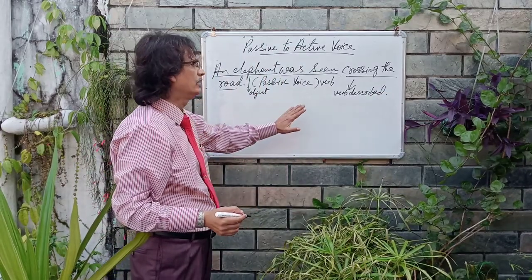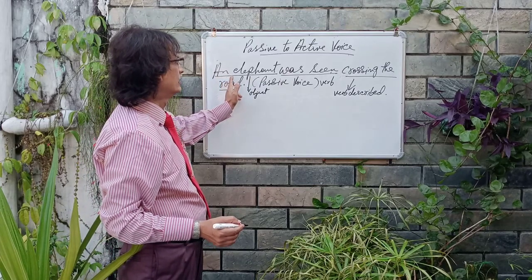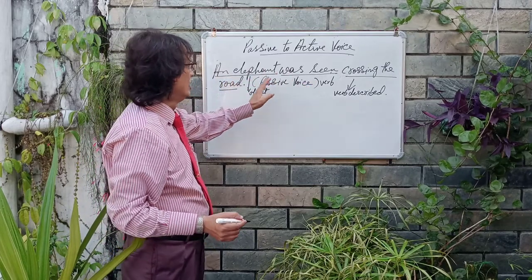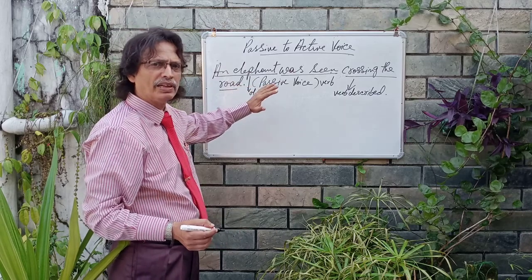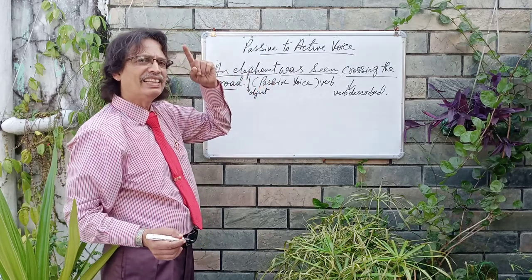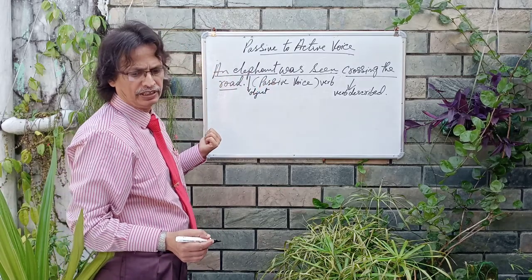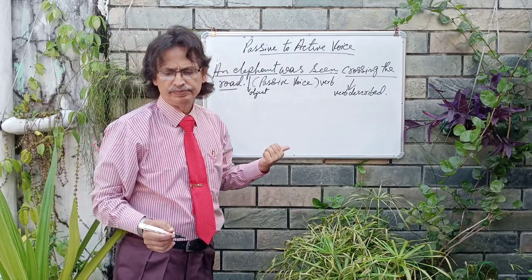Now we have to change it into active, which is the object, an elephant, and crossing the road. But the subject is abstract over here. Somebody saw or people saw, so we will take that as the subject. Okay? So it will be what?